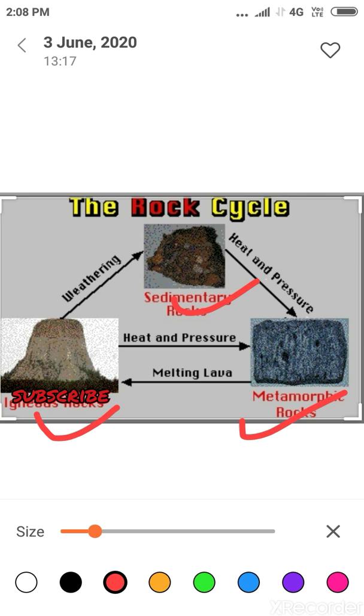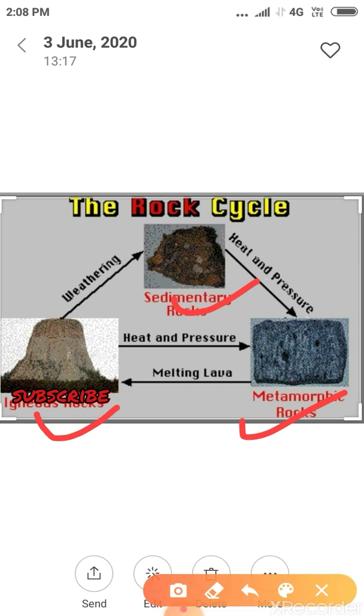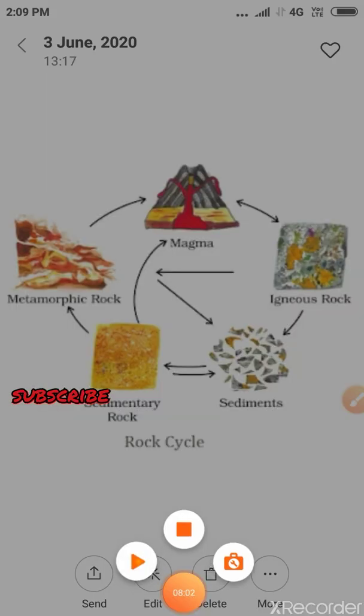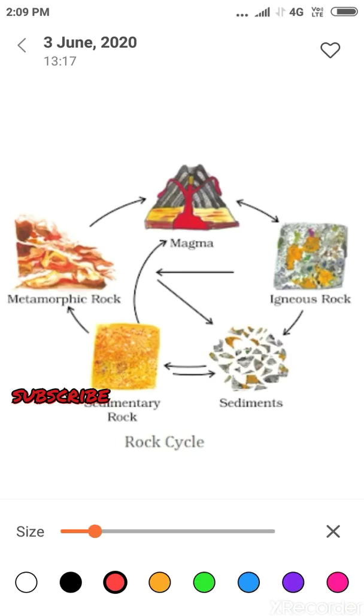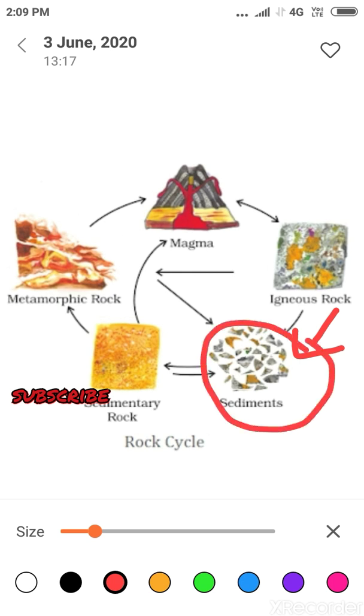When the molten magma cools, it solidifies to become igneous rock. These igneous rocks are broken down into small particles by various agents such as weathering, temperature, and winds, and are transported and deposited to form sedimentary rocks.